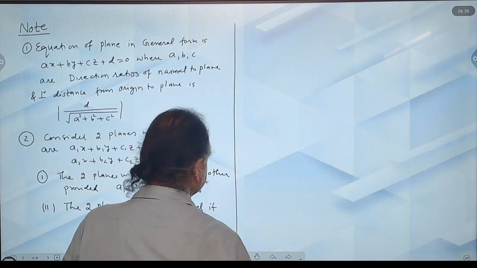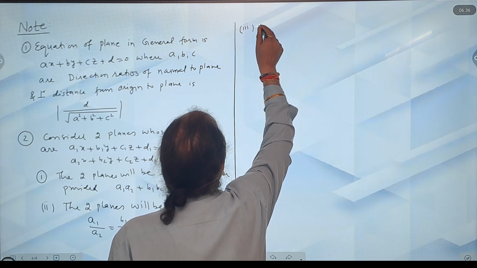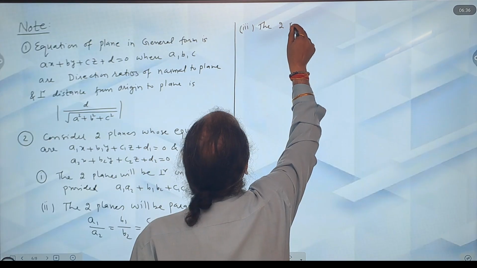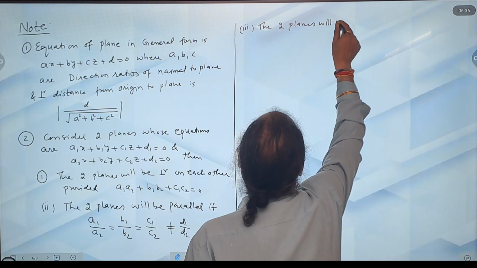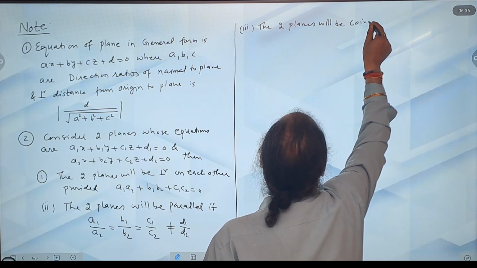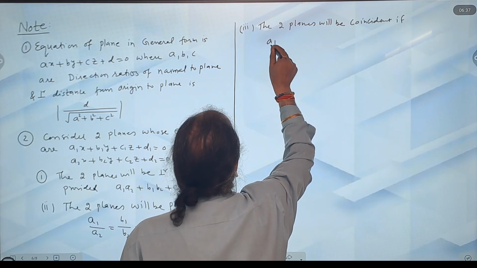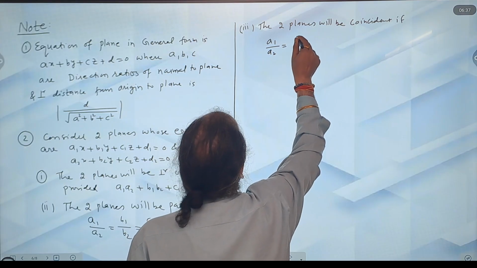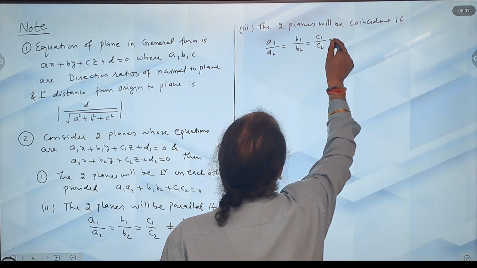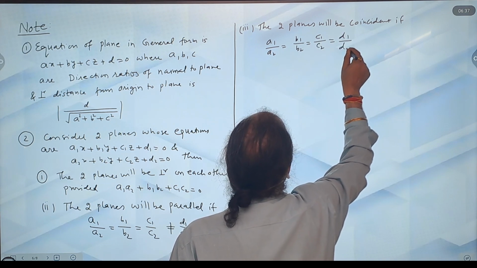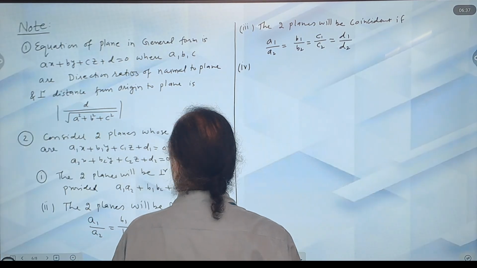Third point is the two planes will be coincident if a1 upon a2 is equal to b1 upon b2 is equal to c1 upon c2 is equal to d1 upon d2. And fourth point is what?